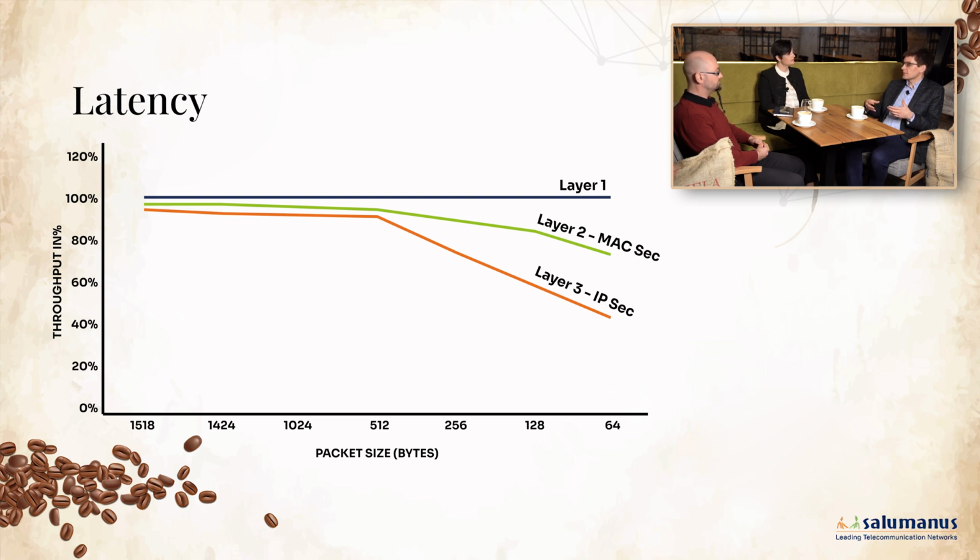So if we need to encrypt, for example, voice or any other small packets, then the efficiency of bandwidth will come down to even 50 or 60%. If we talk about layer 1 encryption, we will always have 100% of bandwidth available. So this is one of the key points.